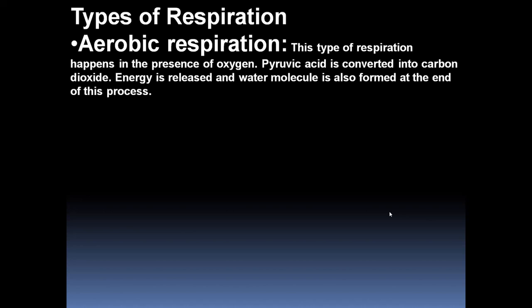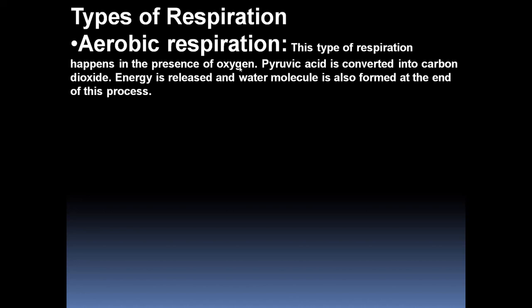Aerobic respiration is a type of respiration that occurs in the presence of oxygen. As the name itself indicates, aerobic, that occurs in the presence of oxygen. Here, what happens to pyruvic acid? Just now we have learned, first, glucose converts to pyruvic acid.